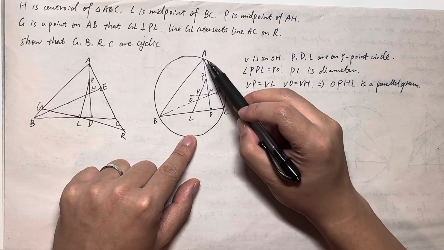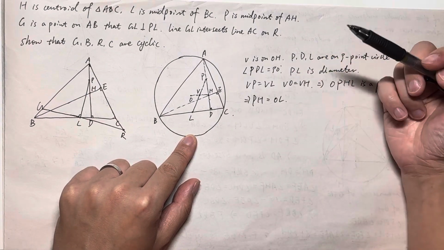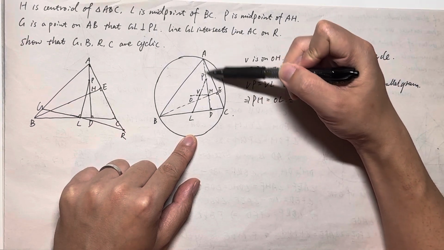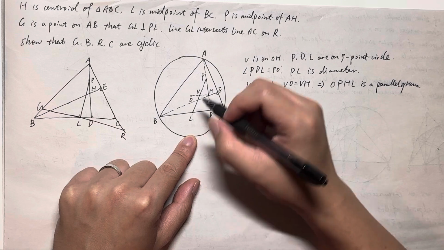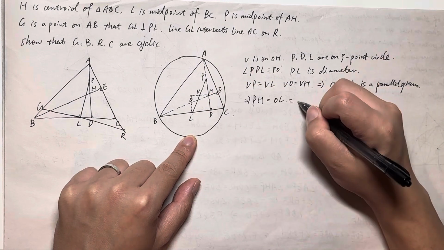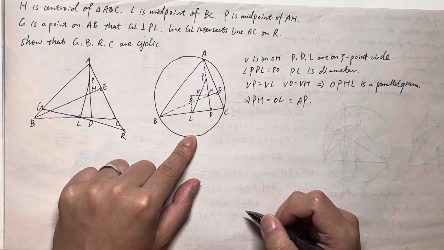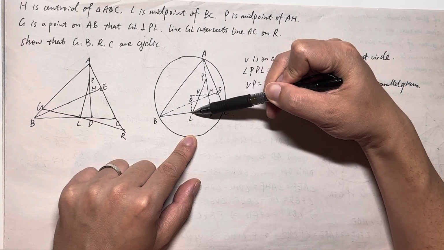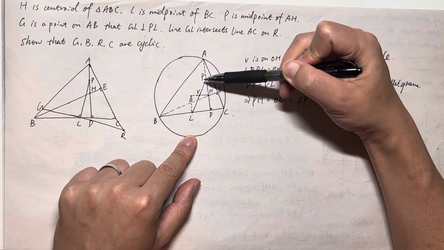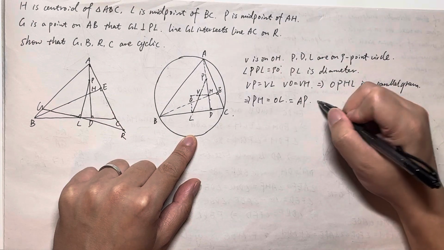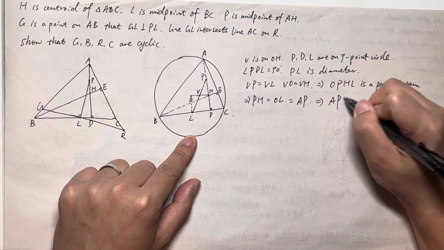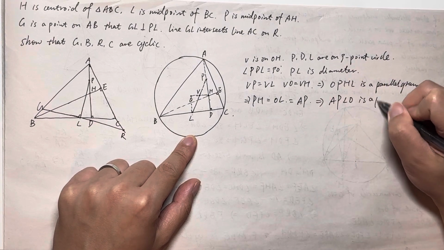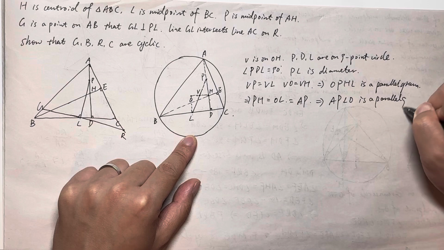And we know that P is the midpoint of AH, so PH equals AP equals OL. Because AP is parallel with OL and AP equals OL, we know that APLO is a parallelogram as well.